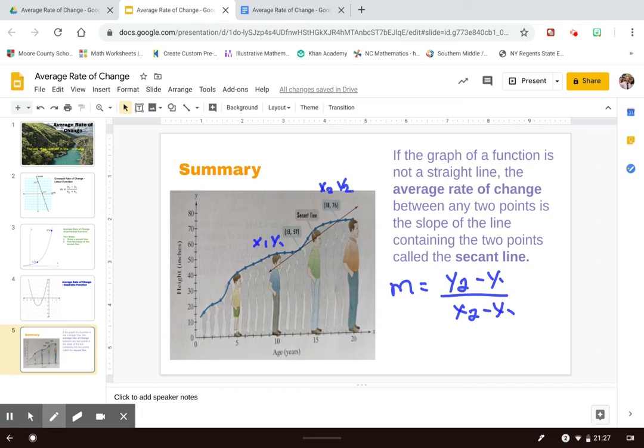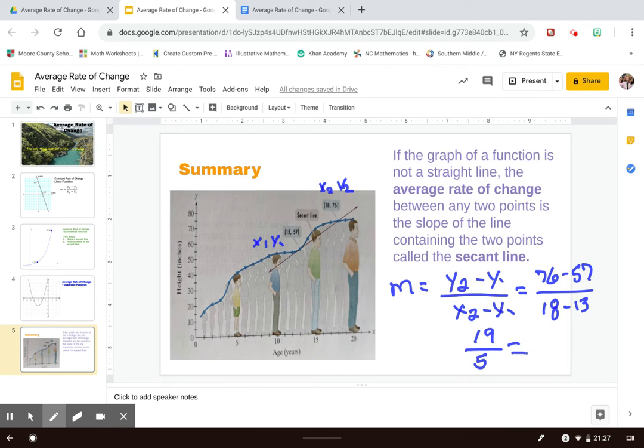If I start with 76 as my y2, and I subtract 57, which is my y1, and then divide all that by my x2, which is 18, minus 13, that leaves me with 19 divided by 5.